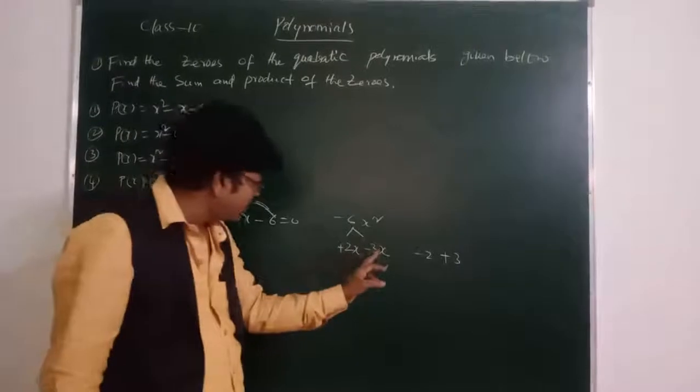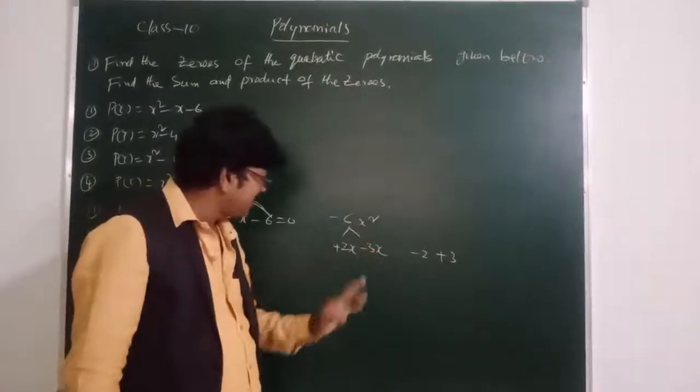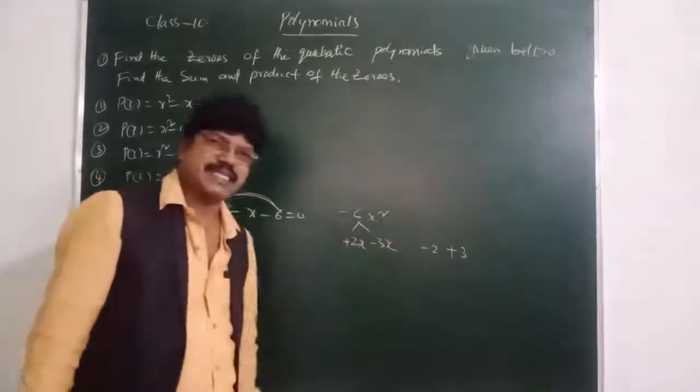If you multiply these two, 2 threes are minus 6x square, and add gives minus x. So now, x square, instead of minus x, we write plus 2x minus 3x, minus 6 equal to 0. Have you understood? This part is most important.